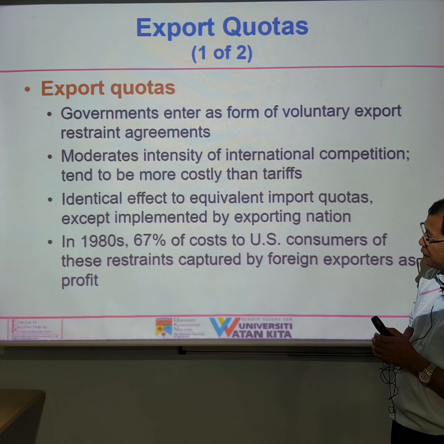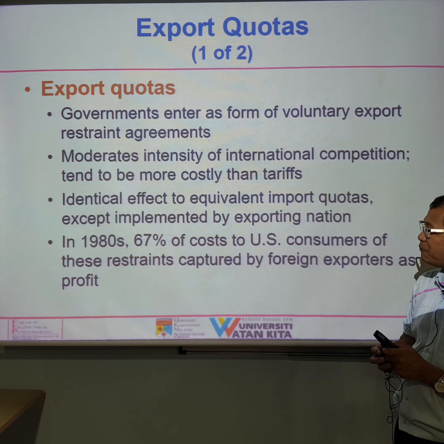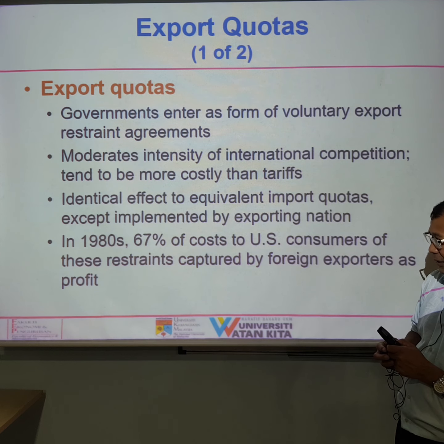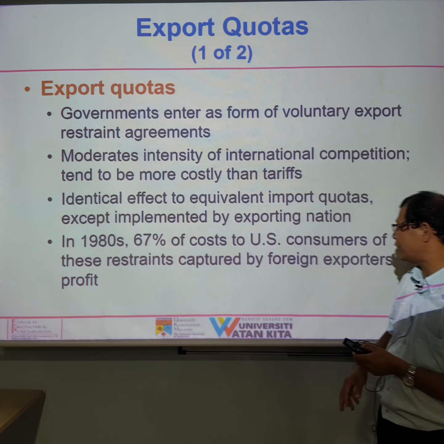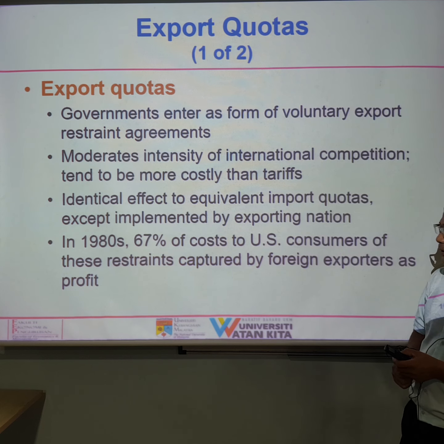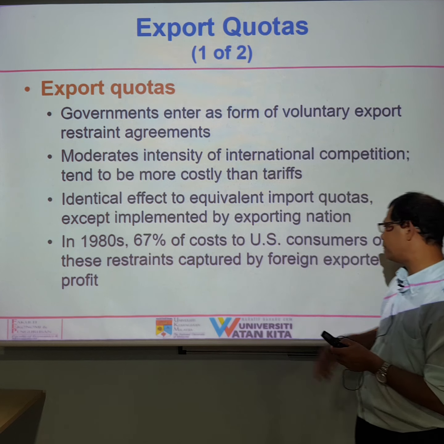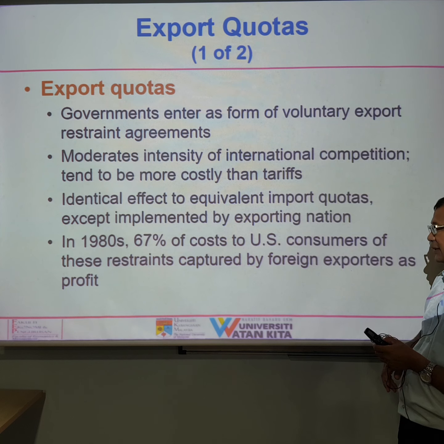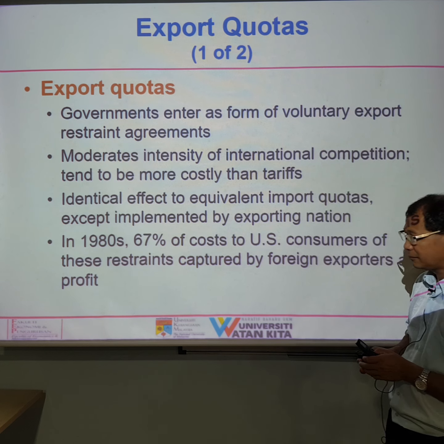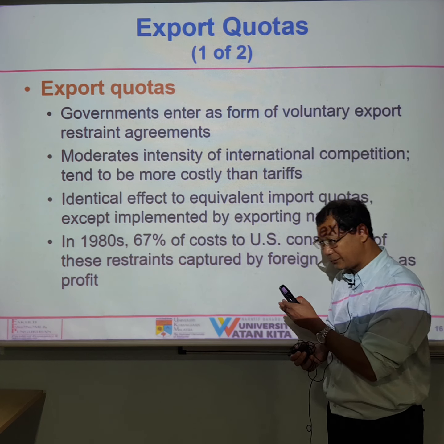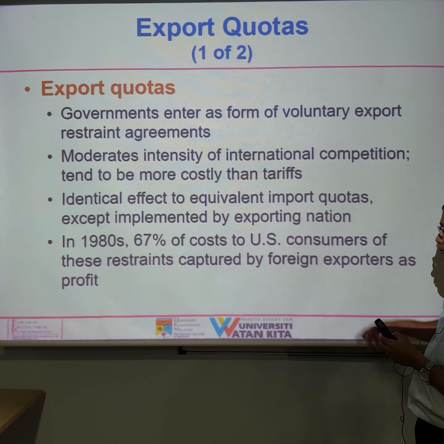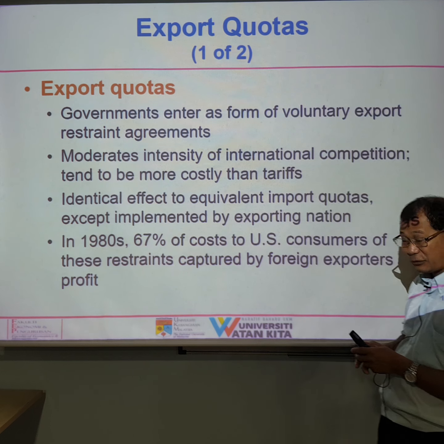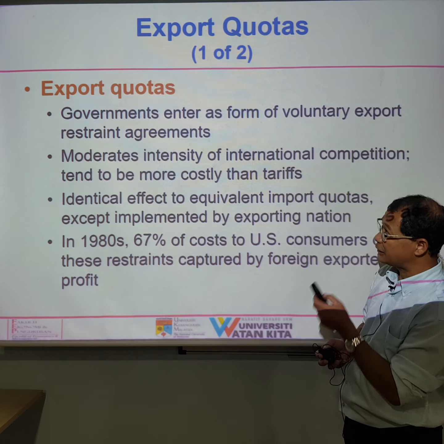It has an equal effect to equivalent import quotas, except it is implemented by the exporting nation. In the 1980s, 67% of the cost to United States consumers of this restraint was captured by foreign exporters as profits. So, U.S. consumers pay more, but the gains are captured by foreign exporters with export quota.